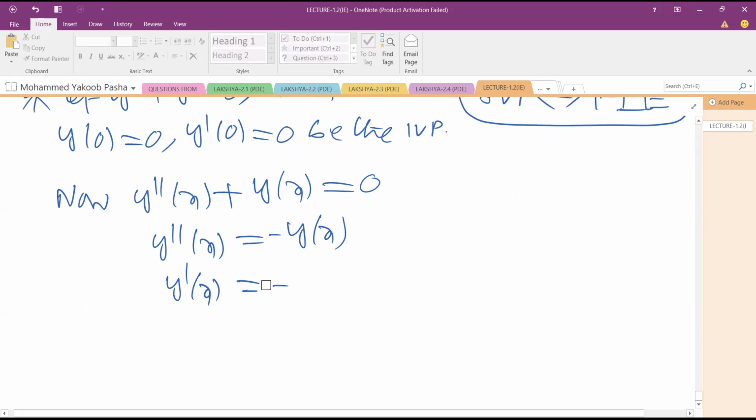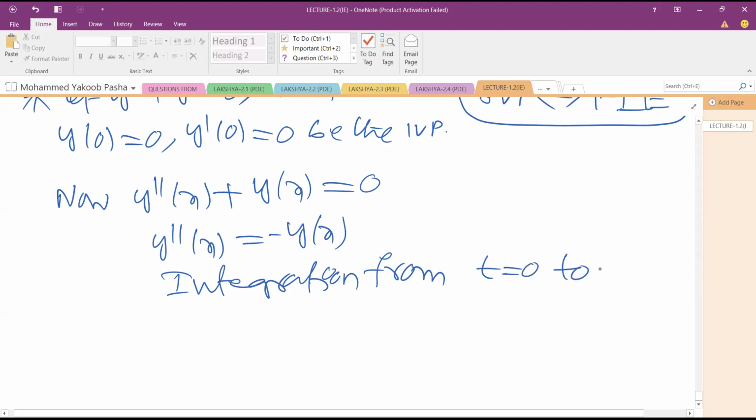Okay, I am taking integration from t is equal to 0 to t is equal to x. Integration with respect to t from t equal to 0 to t is equal to x.